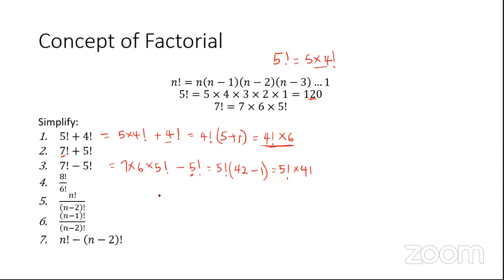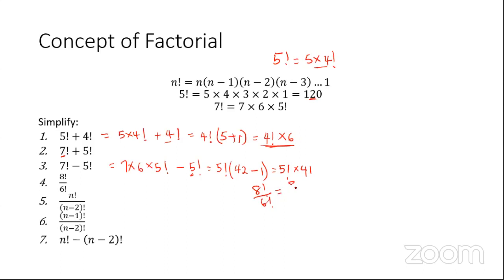It's also very evident in those that are quotients. Like number 4, look at number 4: 8 factorial over 6 factorial. It's still the same thing you do. You reduce the greater to the level of the smaller. Which one is the greater here? 8 factorial.